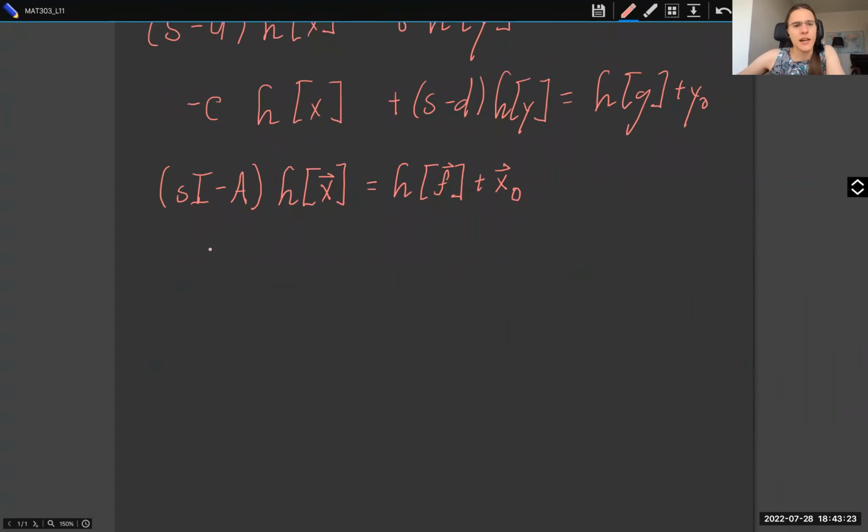And that means that we can compute what the Laplace transforms of x and y are going to be.